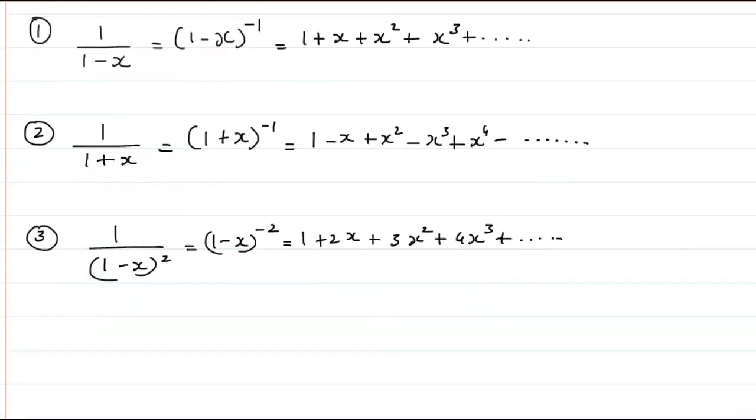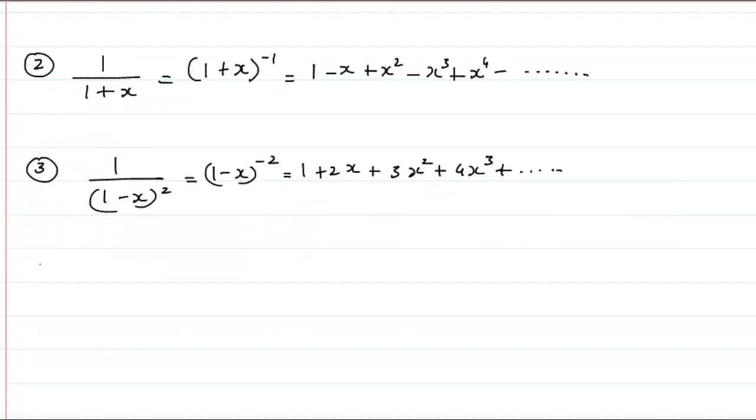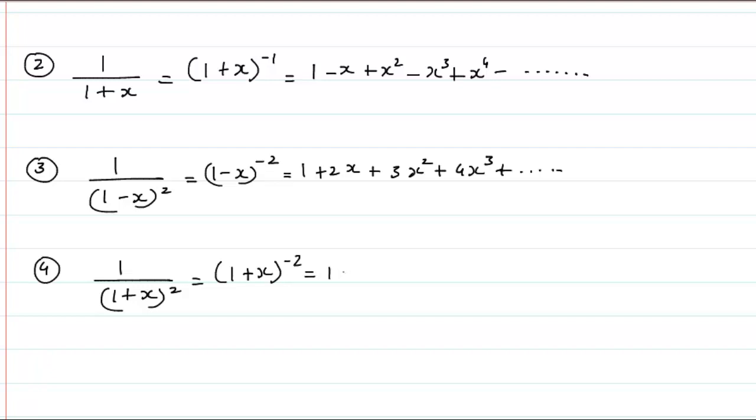Similarly, if we are having the square of the 1 plus x term, that means 1 divided by (1 plus x) the whole square, which can be written as (1 plus x) the whole raised to power minus 2. Following from our above example, it is 1 minus 2x plus 3x square minus 4x cube plus, like that it will keep on going.